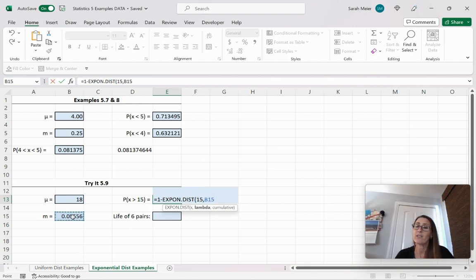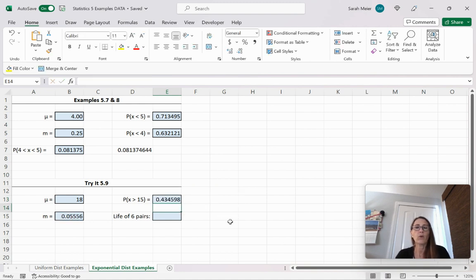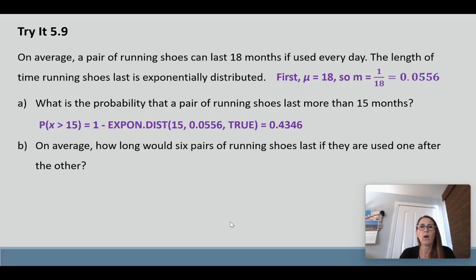And our M value, again, you can type that in, and then true. And we get 0.434598. So we would expect a pair of running shoes to last more than 15 months with a 43.5% probability, or 0.43.